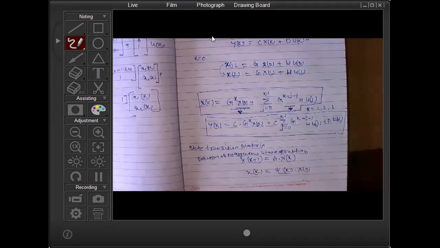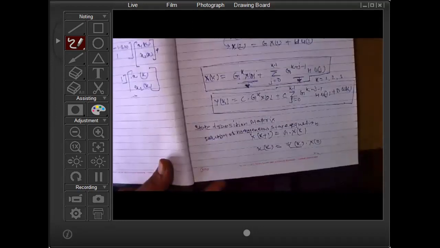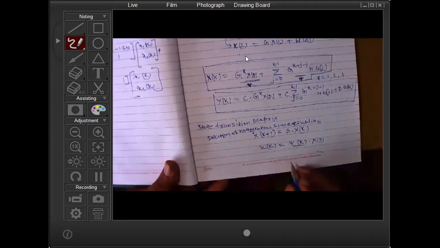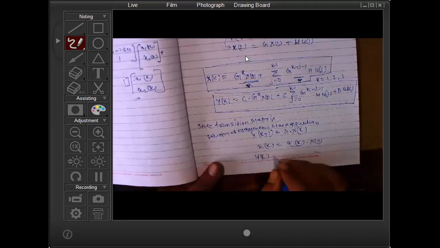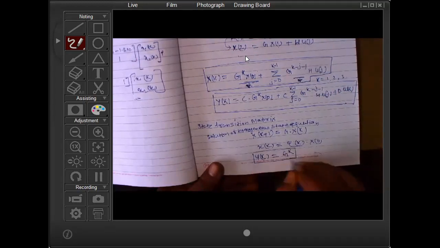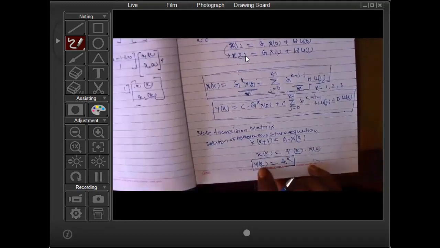What is phi k? Phi k is known as the state transition matrix, that is, phi k equals G to the power k. So in the case of a discrete time system, the state transition matrix is equal to G to the power k. Any doubt?